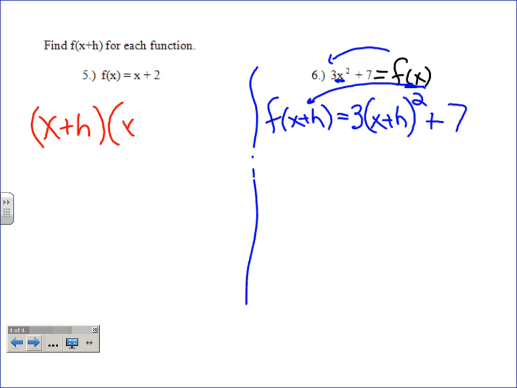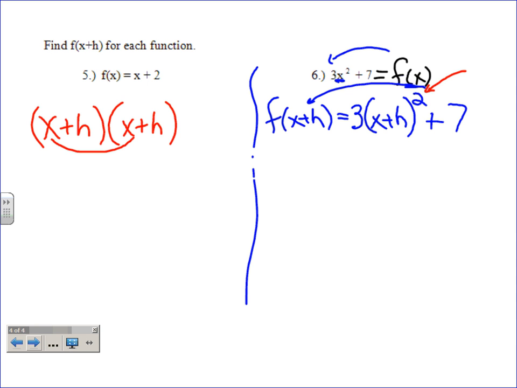And unfortunately, what that means is FOIL. Okay? Please realize that this number right here could potentially get bigger, which means then you have to take it times x plus h again, and perhaps again, and maybe even again. But let's just do it with squared.